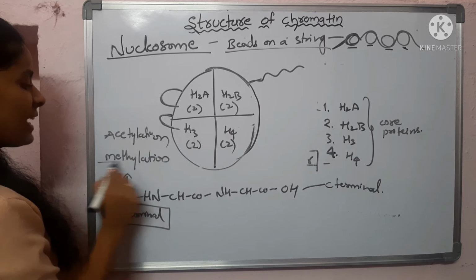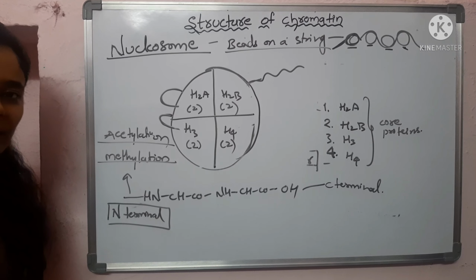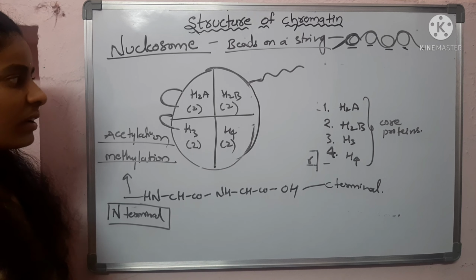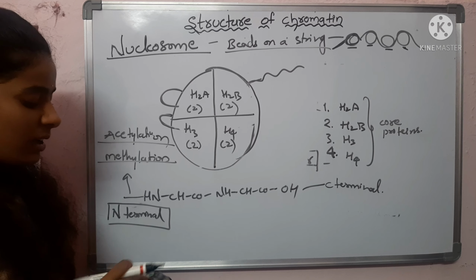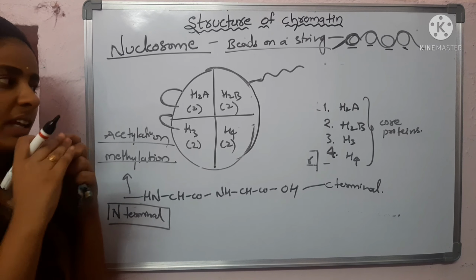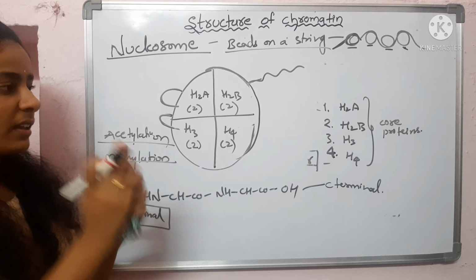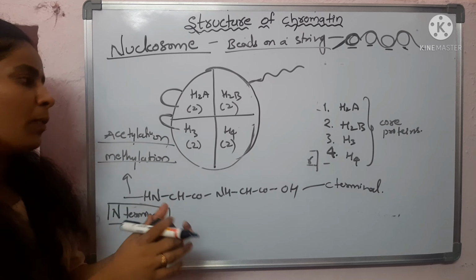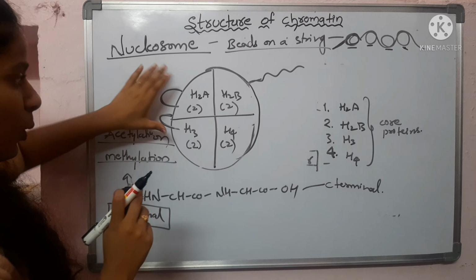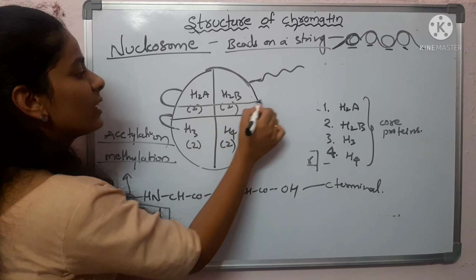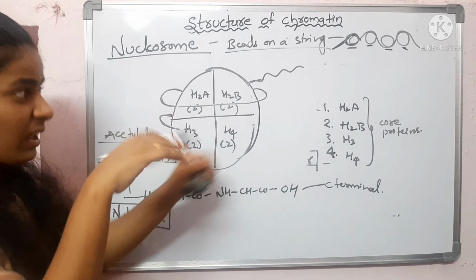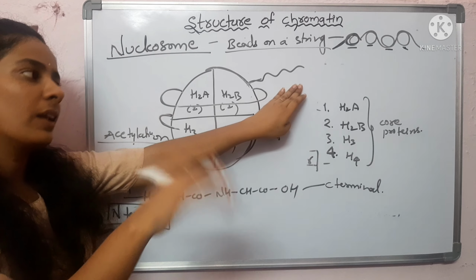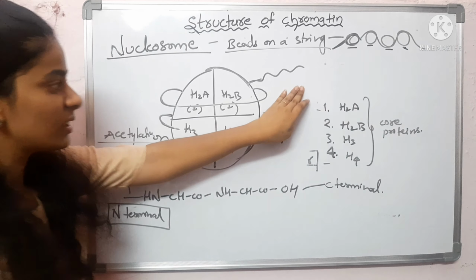So why do this methylation and acetylation occur in the protein molecule? Why? Because in general DNA should be transcribed to mRNA and then mRNA translated to proteins. So this is the central dogma of life. So if DNA is wrapped around this protein, the DNA cannot be transcribed to mRNA, and mRNA does not translate to proteins.